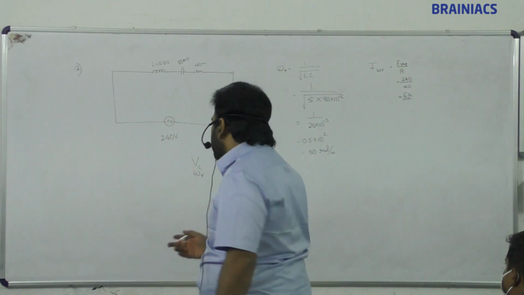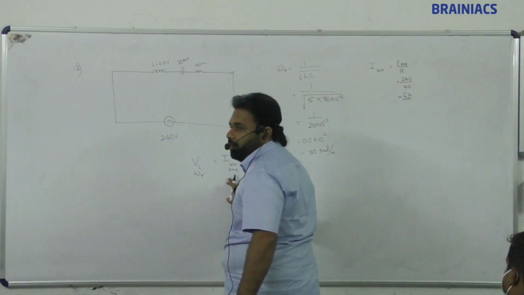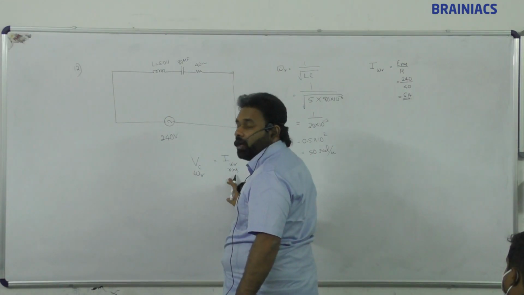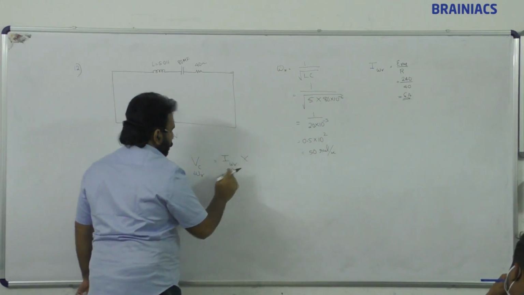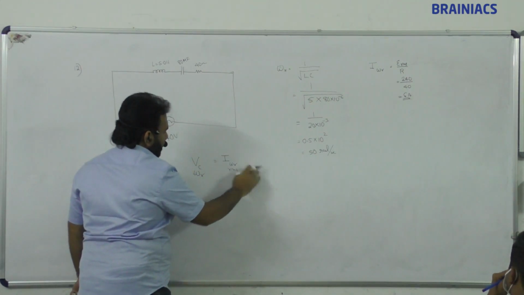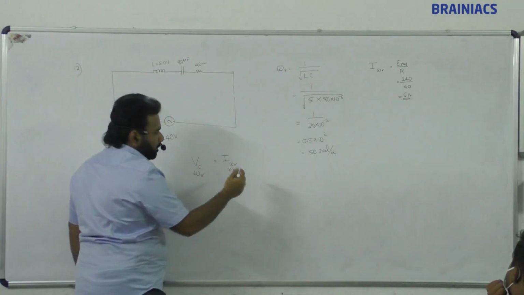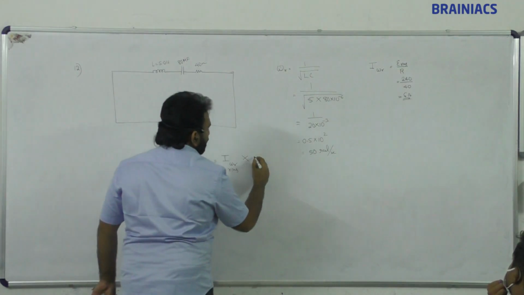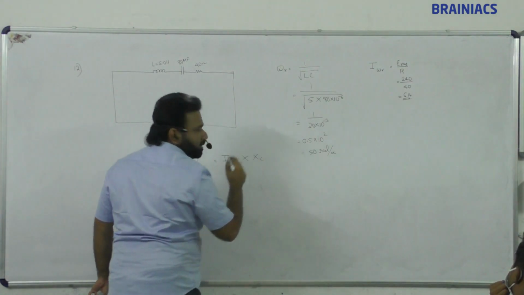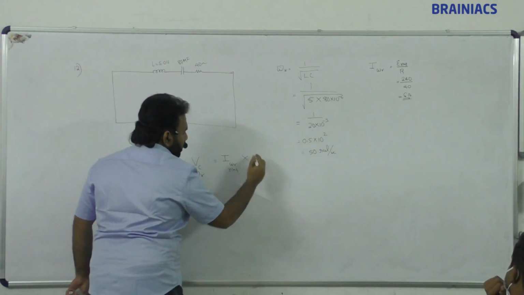So that will be nothing but the RMS value of current at a resonant frequency into XC. So this is nothing but I into XC.